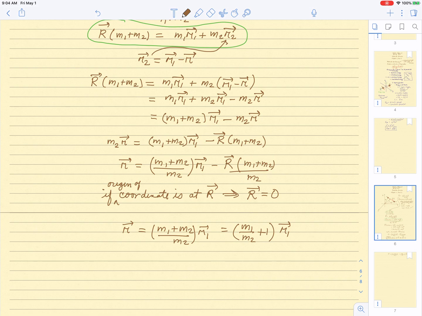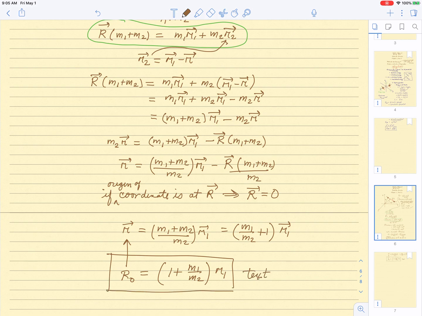So this then is what your book calls R0, right? And then this would be 1 plus M1 over M2 times R1 in magnitude. Okay, so this is what you have in your text.